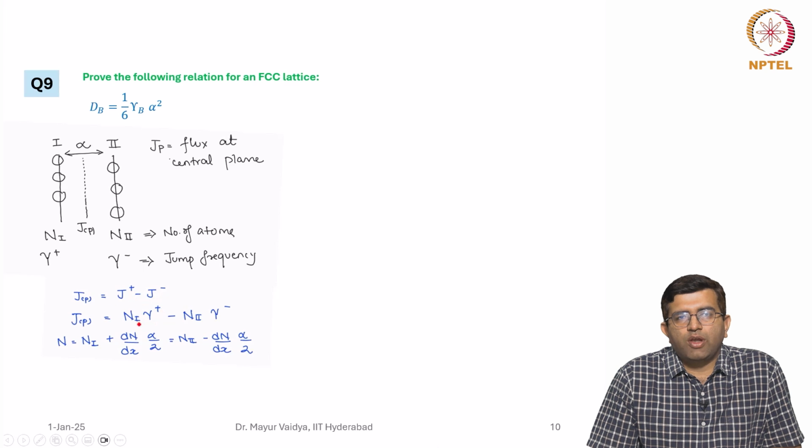The forward flux is N1 into gamma in forward direction, that means the number of atoms multiplied by the jump frequency in the forward direction, minus N2 into the jump frequency in the backward direction. Then N1 can also be written as N plus dN by dx into alpha by 2. Similarly, N2 can be written as N minus dN by dx into alpha by 2. So, N is basically the number of atoms at any given x.